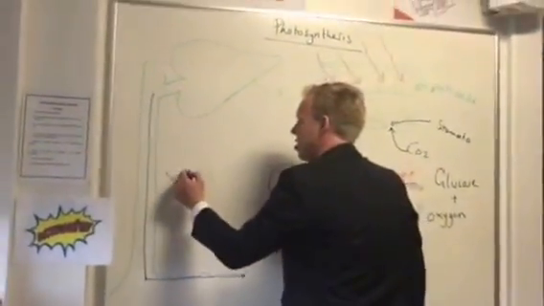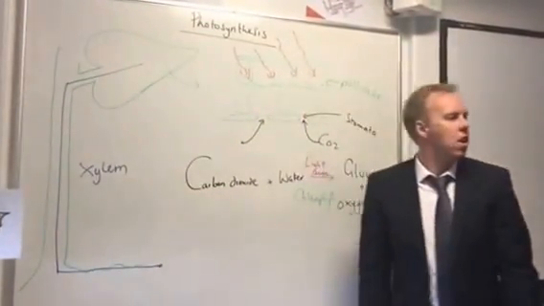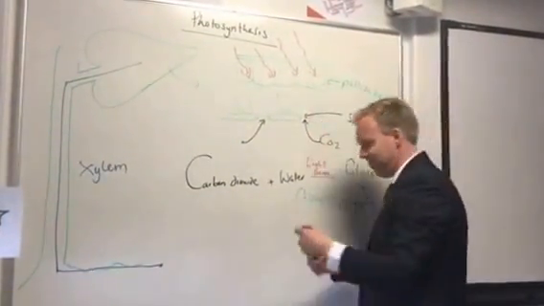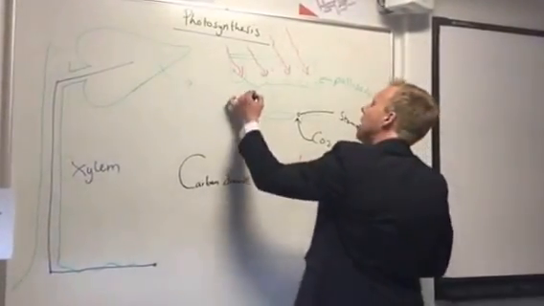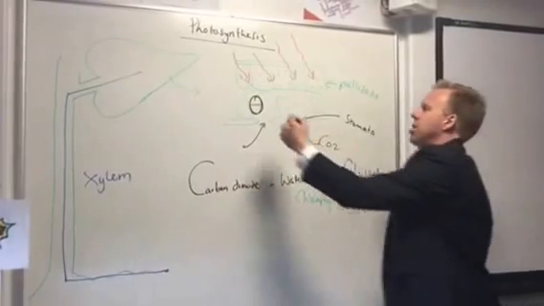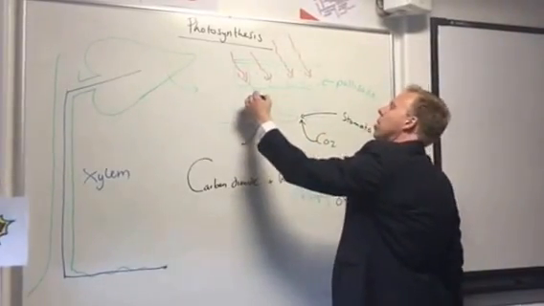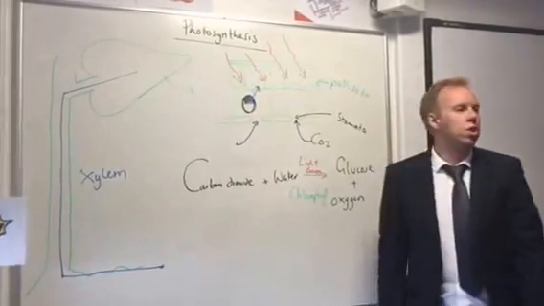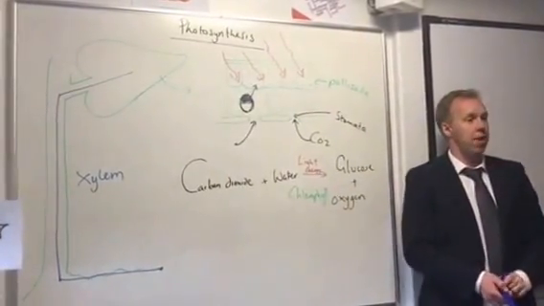Up the xylem in the stem and into the leaf. And what I should draw on here is what's called a vascular bundle, which brings the water up and goes to the palisade cells, and now we've got all the ingredients to make the glucose.